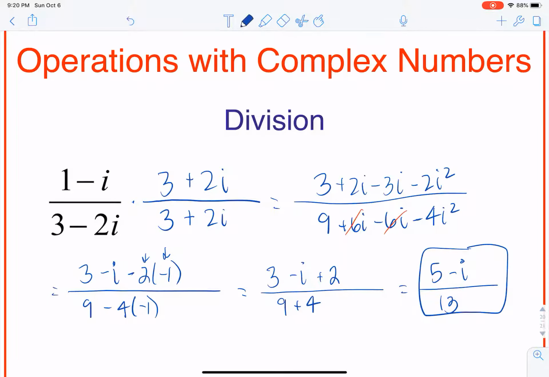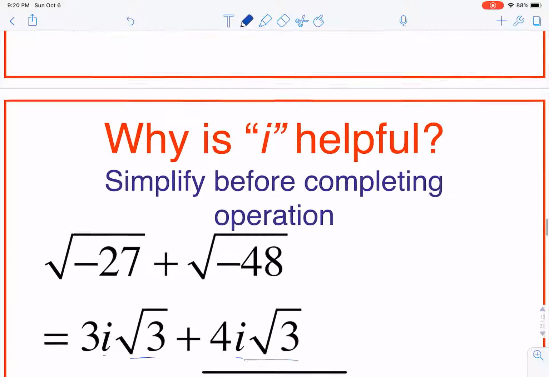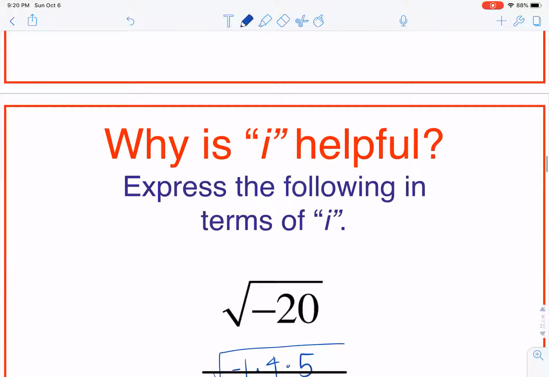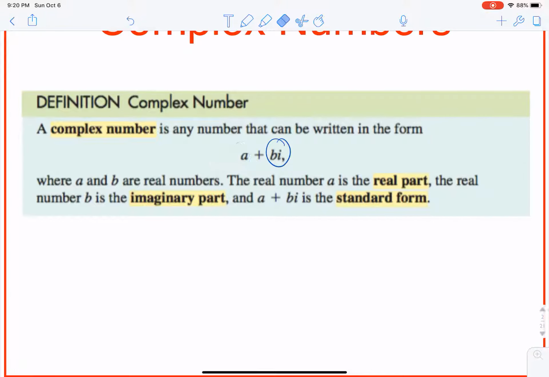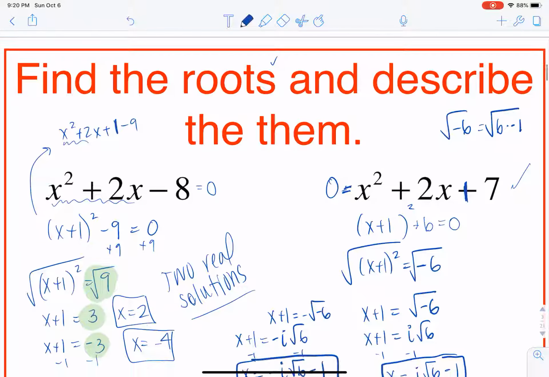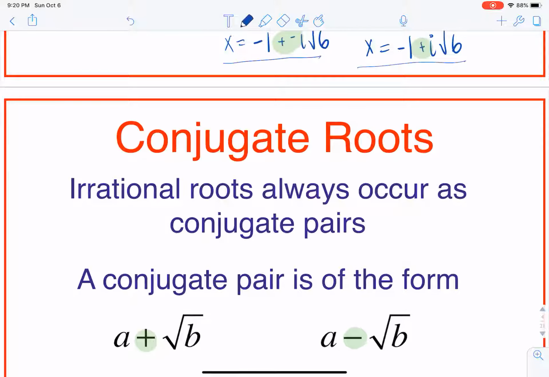So just to recap here, we'll scroll back up a little bit. We talked about complex numbers, how they have a real part, their real piece, and they have their imaginary piece. We can use complex numbers to describe quadratics that don't have real roots.